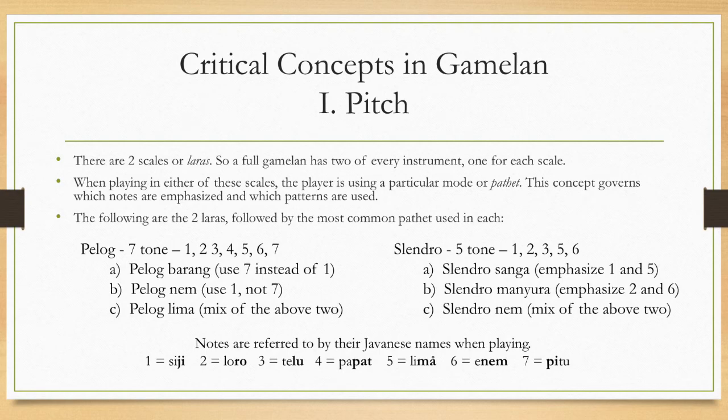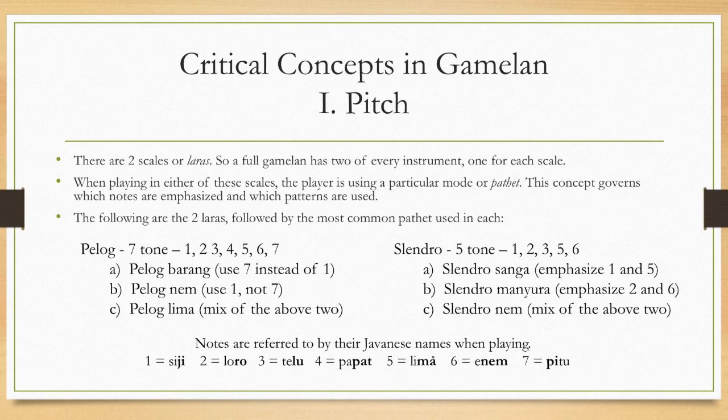So essentially, when we are learning Javanese gamelan, we don't refer to these notes by their English names. We don't call them 1, 2, 3, 4, 5, 6, 7. Instead, we refer to them by their Javanese names. Those Javanese names are written on the bottom of the screen here.